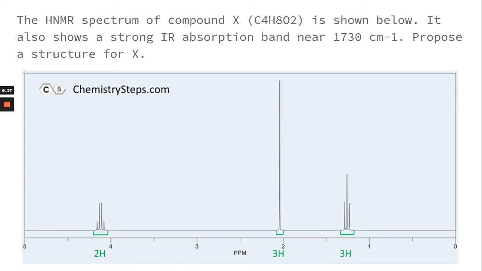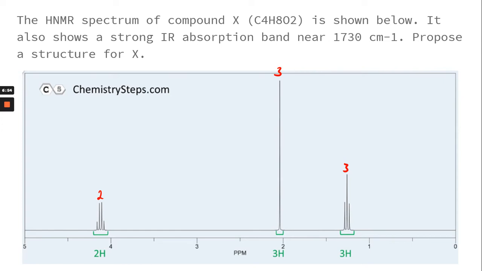Looking at another example, instead of putting the number of hydrogens at the top, they've listed it at the bottom for us. Sometimes you might see it written at the top like this, and that's just telling you how many hydrogens are in that environment.